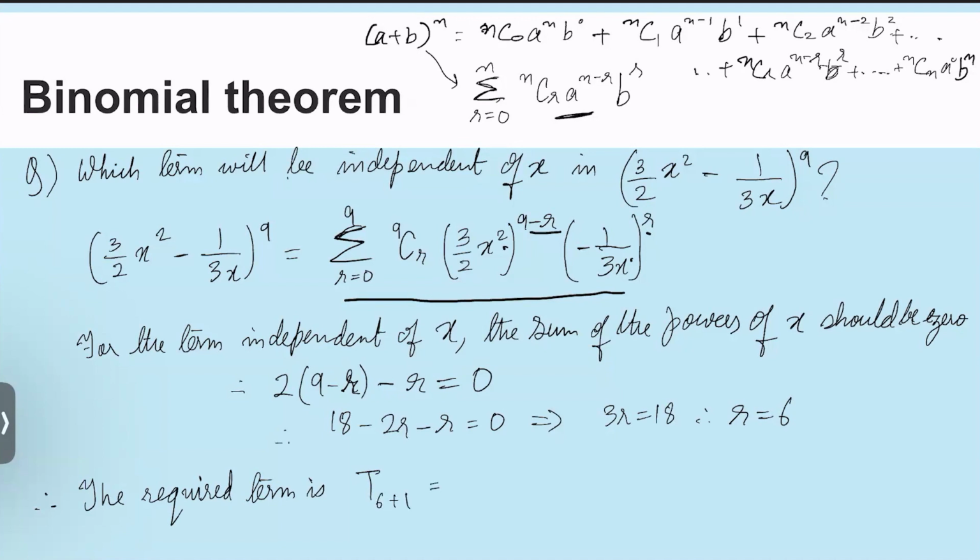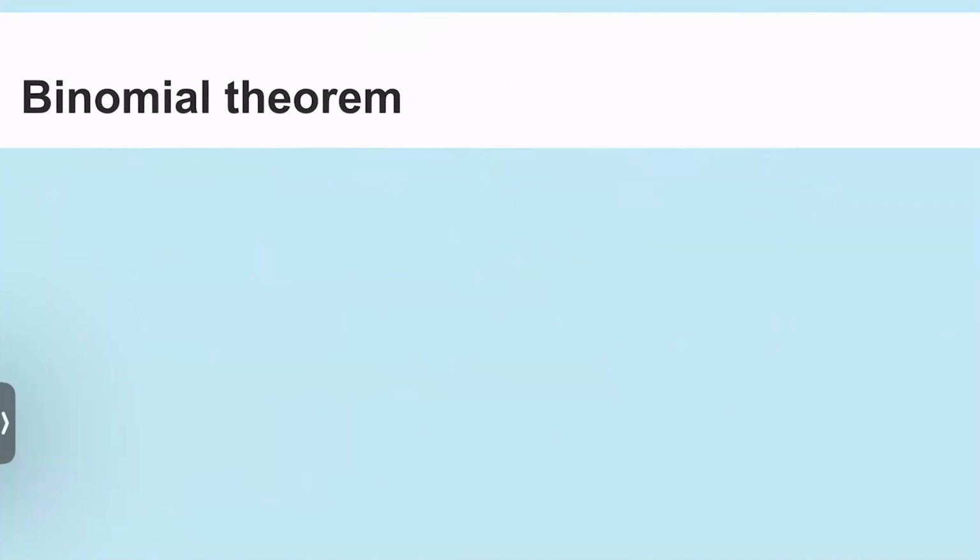And this will be 9C6, and this will be (3 by 2 x squared) raised to 9 minus 6, and (minus 1 upon 3x) raised to 6. Okay, so let's just solve for it.